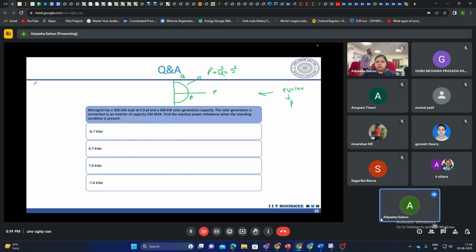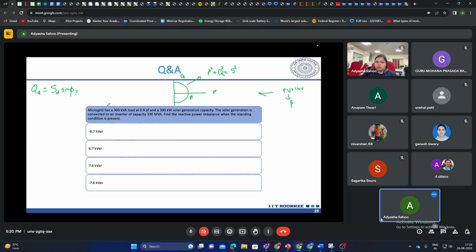So basically, as we had calculated previously, what will be QD? Anyone? S into sine phi. Yeah, correct. So in place of S, what will we put here? What is the S here?